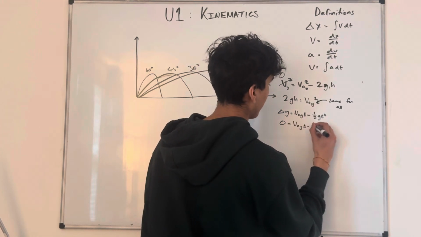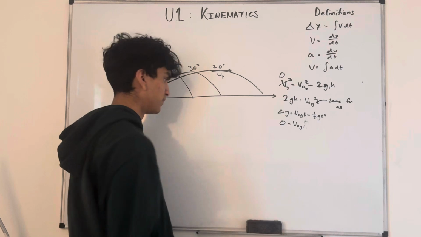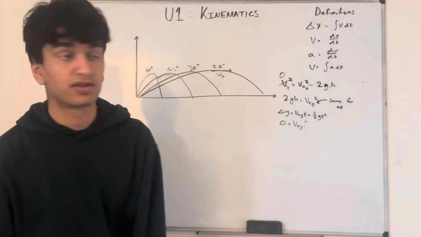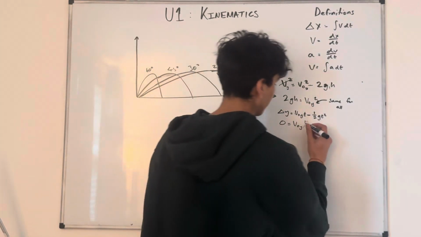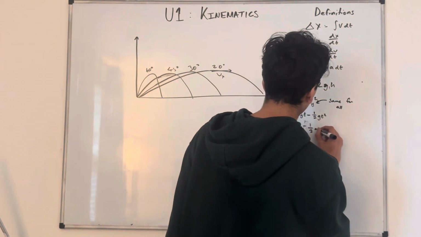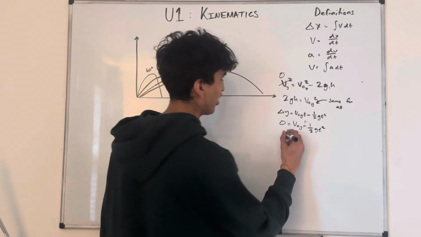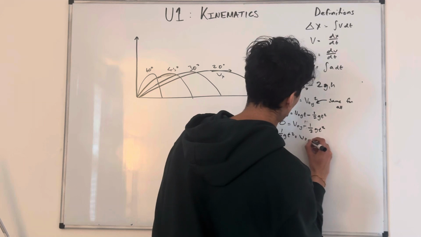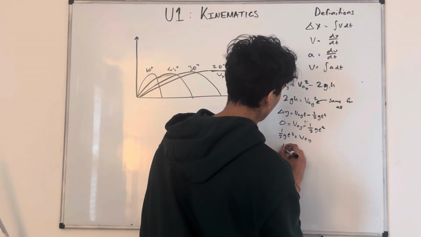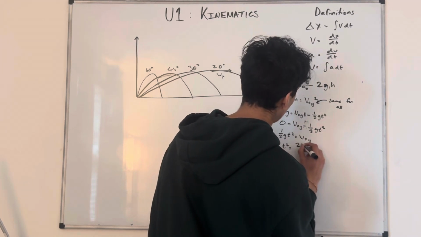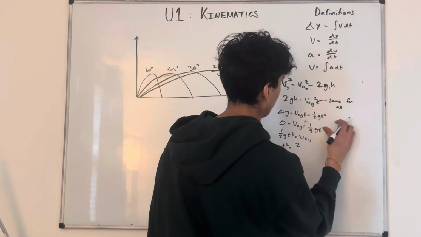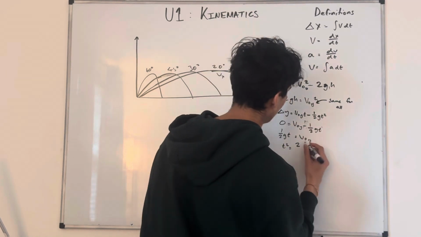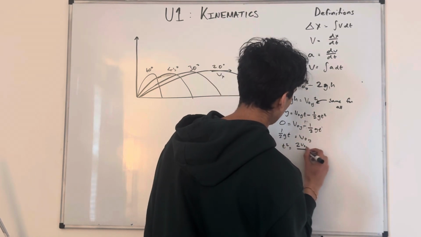I can see that one of the t's goes away because, as I talked about in the last example, one of the solutions is when t is equal to 0 for this quadratic equation. But 1/2 g t squared equals v initial y times t, or in other words, t squared is going to equal, that makes more sense, t equals 2 v initial y over g.